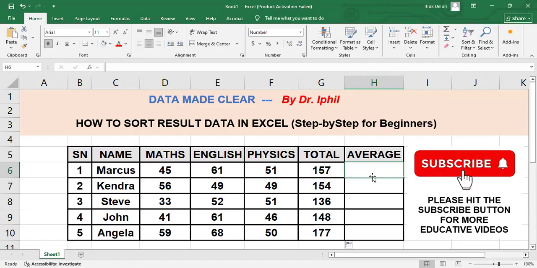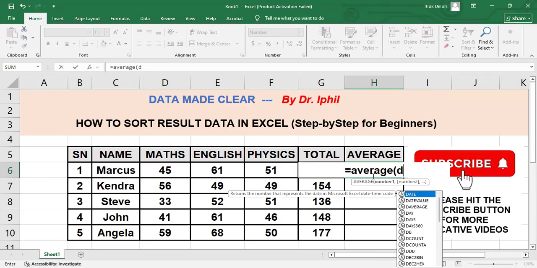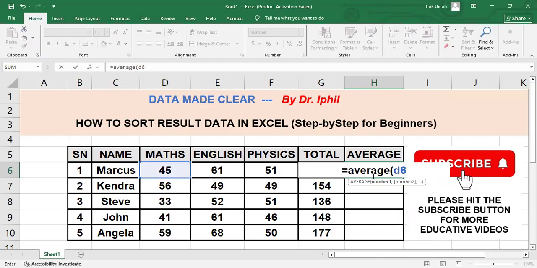We are starting again with Marcus, so we enter the equality sign and the keyword average. We open the brackets, then the same range of cell values, which is find the average of value from D6 up to F6.